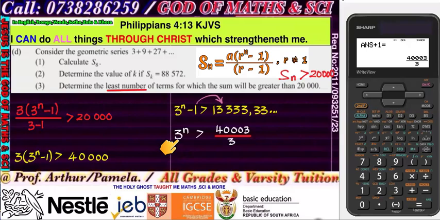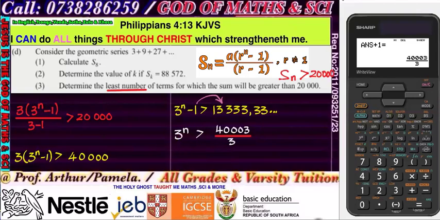If the base is a positive proper fraction, meaning it lies between 0 and 1, the sign reverses. If the base is greater than 1, like this 3, then the inequality sign will not change.